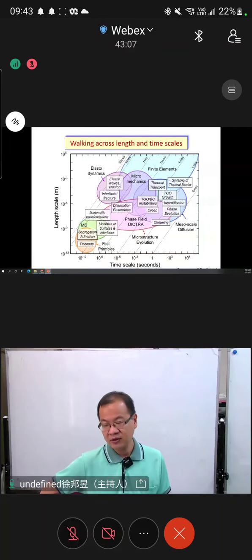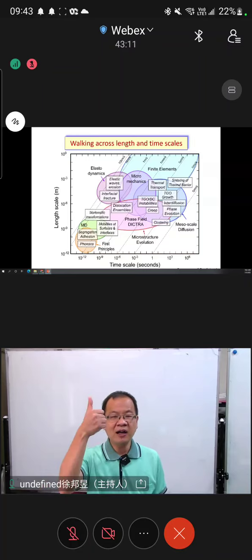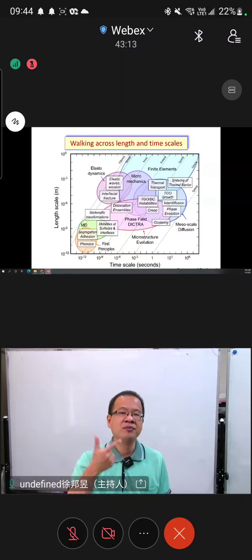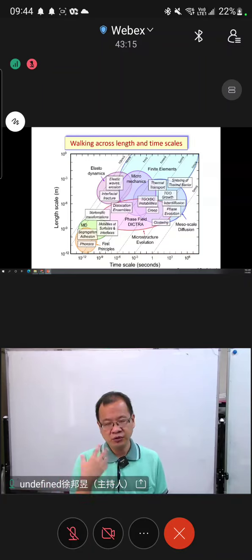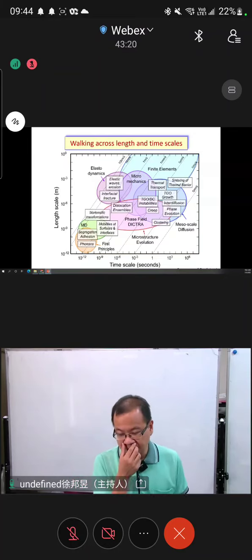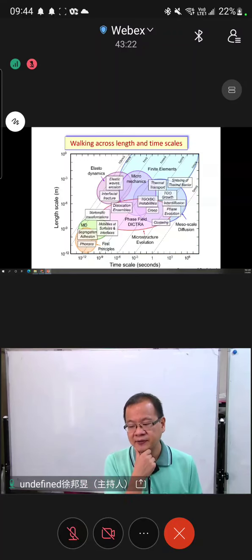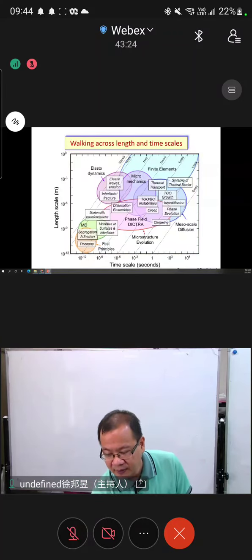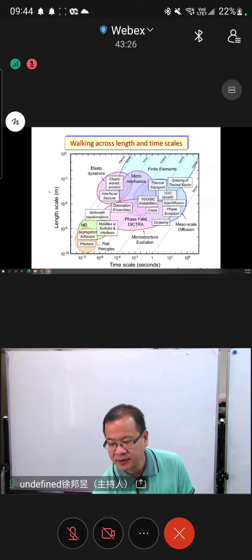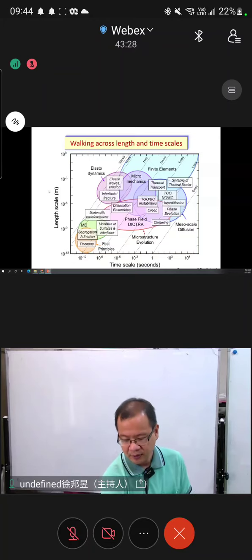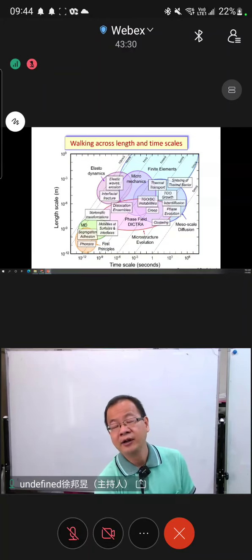So kinetics is all about time and dimension, right? So you need to calculate a lot of math. That's not easy. And you need to take care of different phenomena at different length scales, as my professor rearranged in this diagram. So we cannot cover everything, but I try to cover the most important things.